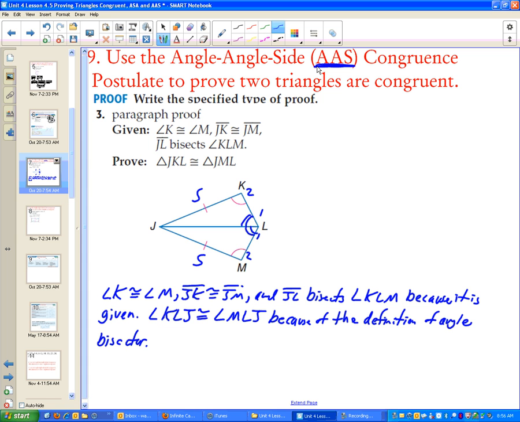All right. Now what do we say? Triangle JKL is congruent to triangle JML because of angle, angle, side. And you never have to write out angle, angle, side. You can always put AAS.